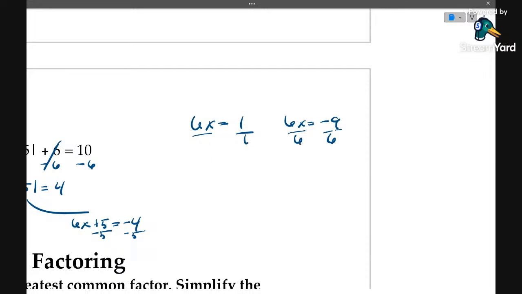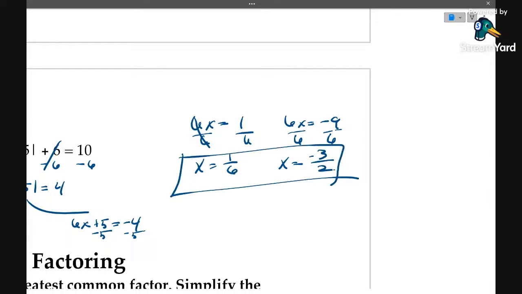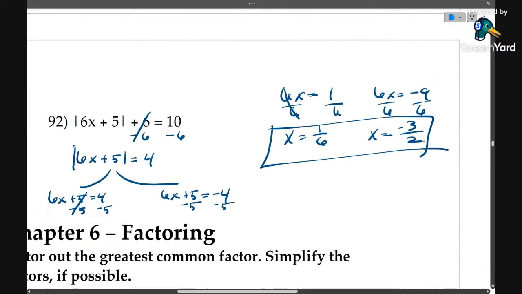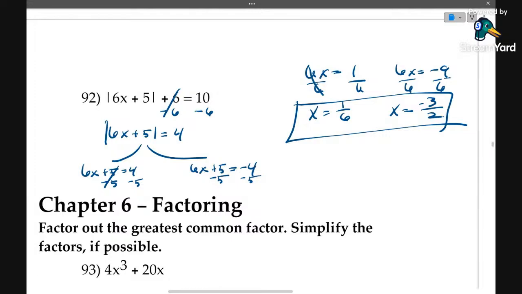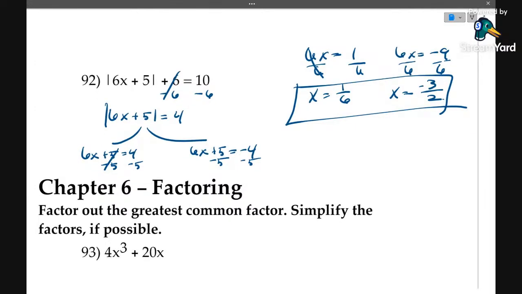Divide by 6, x equals 1/6, or x equals, this fraction will simplify to negative 3/2. We'll pick up on this part tomorrow.